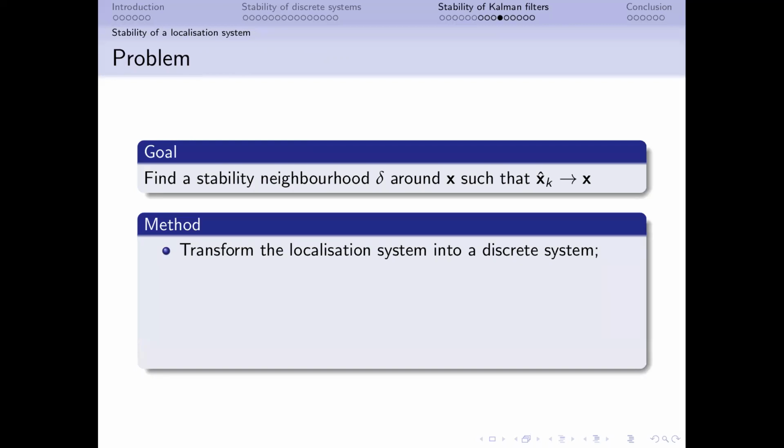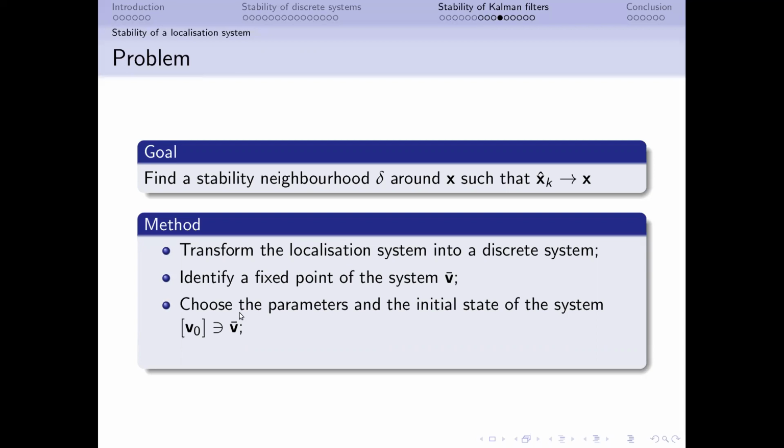First off, we will need to transform the localization system, namely the Kalman filter, into a discrete system. Then we will need to identify a fixed point of the system. We will write it V bar. And we will need to choose the parameters and the initial state of the system as an interval V0 that contains the fixed point.